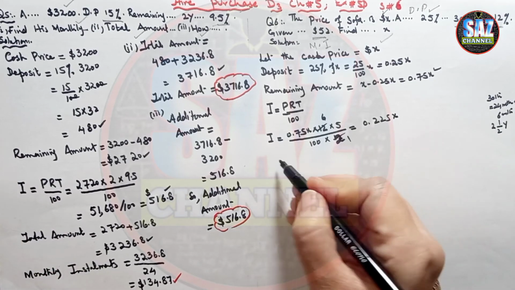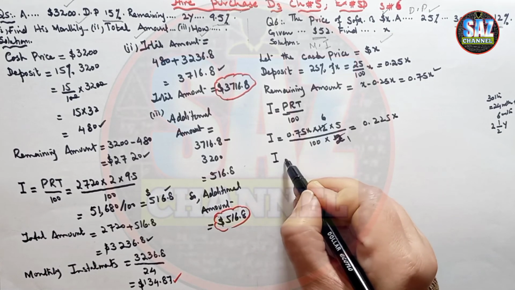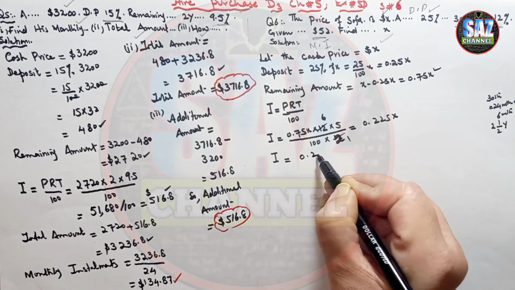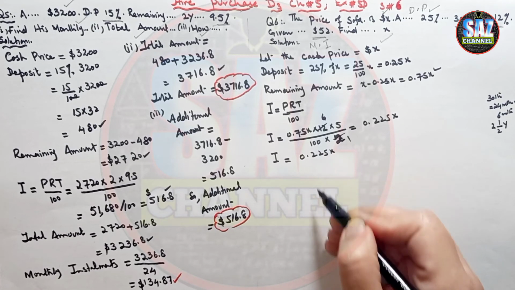Okay, this is the amount of interest that he has to pay. 0.225x is the amount of interest.